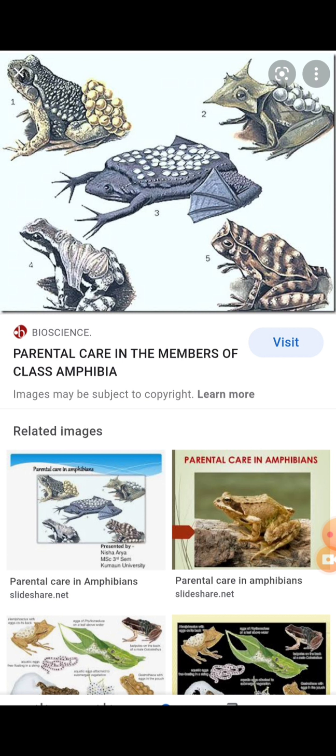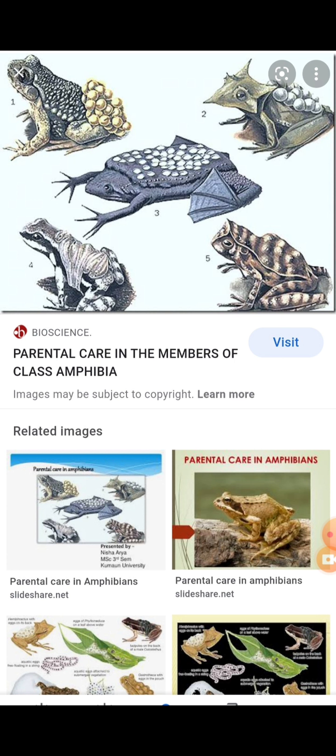In the Pipa, eggs are fertilized internally, but the cloaca of the female is everted so that the eggs are attached uniformly all over the entire upper surface of the female, as the back of the female is smooth, soft and puffy. The eggs sink into the pockets of the soft skin, which serve as a brood chamber.